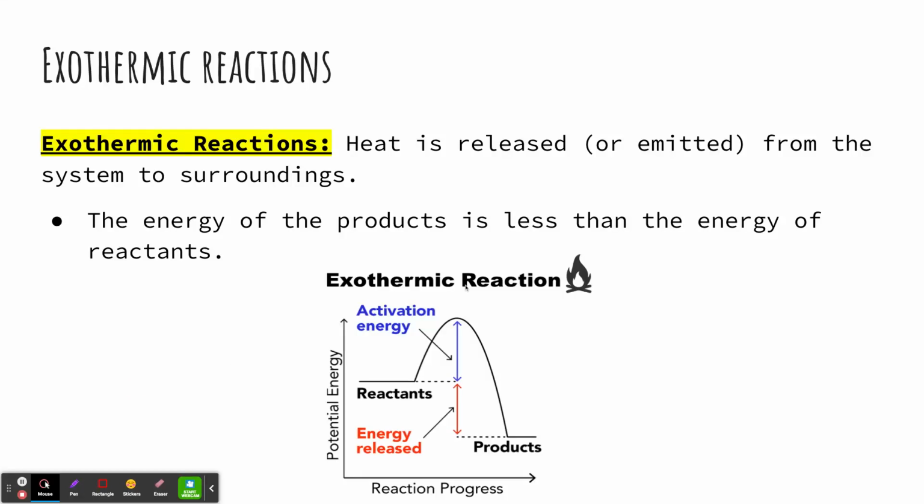Let's continue. In an exothermic reaction, heat is being released or emitted from the system to the surroundings. So in this case, guys, the energy of my reactants is going to be more than the energy of my products because this amount of energy is being released. Okay, so reactants to products, if the products are less energy, we're looking at an exothermic reaction.